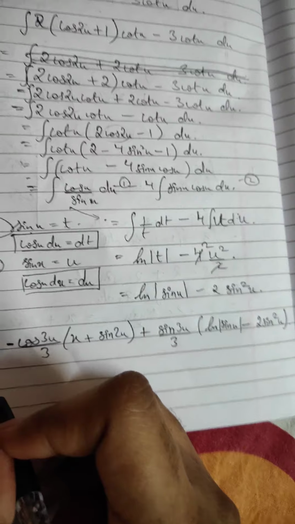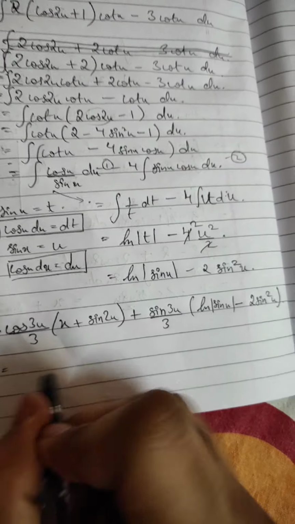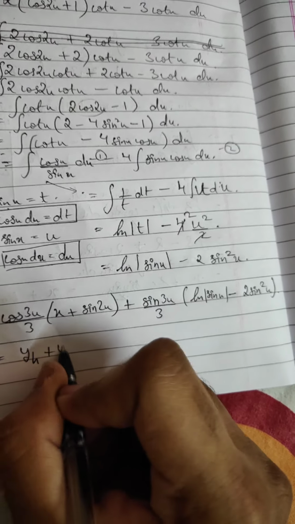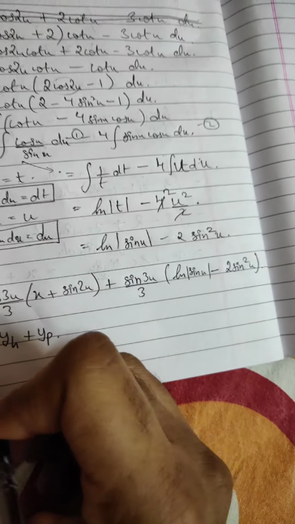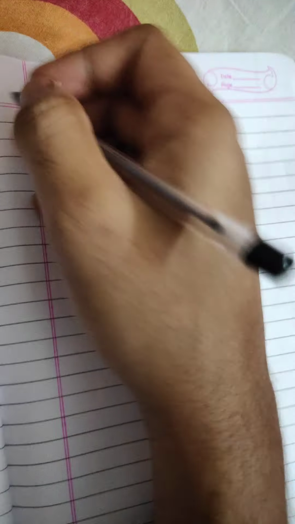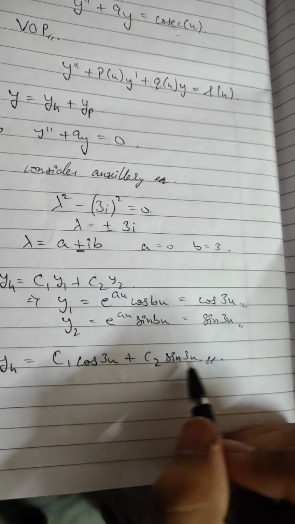So our final solution is nothing but yh plus yp. I don't think it will fit here, I'll write it here. Yh is c1 cos 3x plus c2 sin 3x.